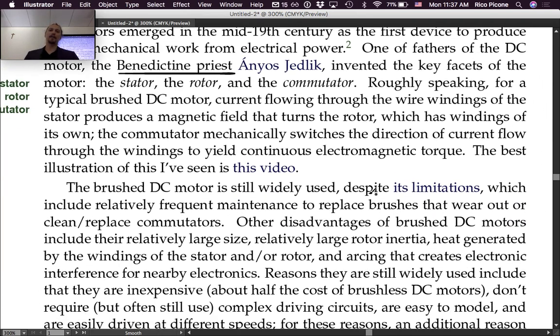Yeah, so the brushed DC motor is still widely used despite its limitations, which include relatively frequent maintenance to replace brushes that wear out or clean and replace commutators. So those brushes are in constant contact with the commutator as it goes around and around, and they're going to wear out. I mean, they're spring-loaded, and they're going to wear out.